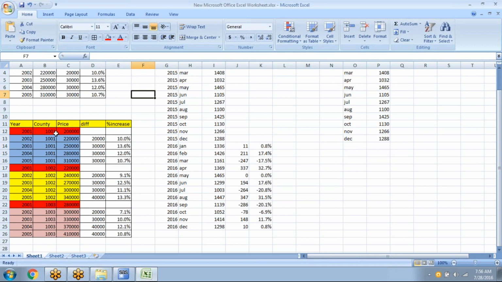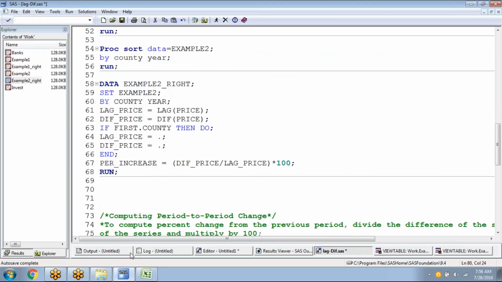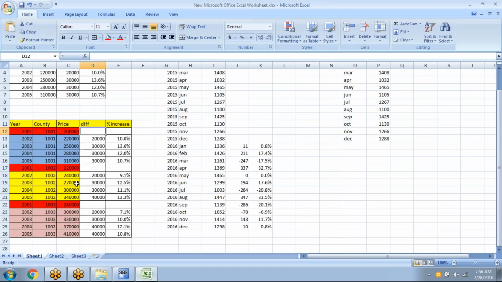So what I'm trying to say is, if first dot county, if it is the first record, then please replace diff underscore price and lag price with missing values. That's what I'm trying to say. If I say last dot, then it will apply for the last record. But in our example, our requirement is to replace with missing values only if it is the first record.